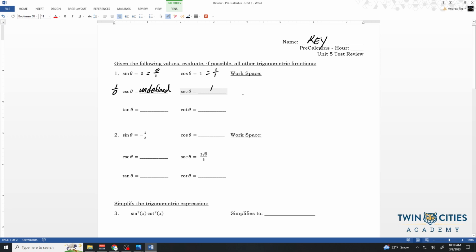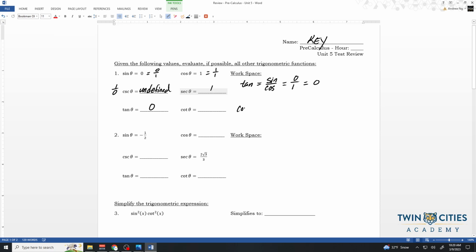All right, then the tangent is sine over cosine. I know that the sine is 0 and the cosine is 1. So that means that the tangent is 0 over 1, or just 0.